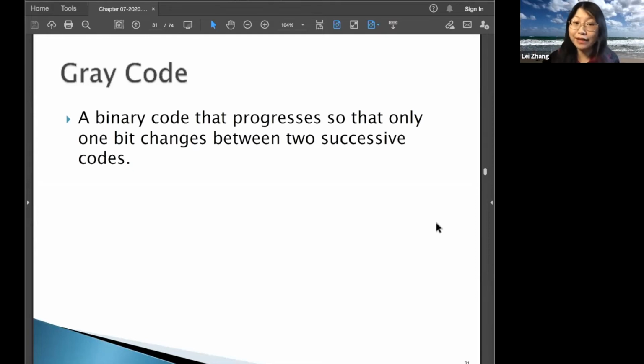But if the hardware has many bits toggling at the same time, it's consuming more power. These are the reasons Gray code is so popular, implemented as a counter.